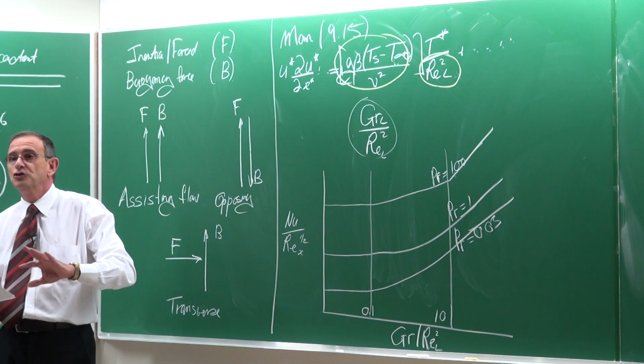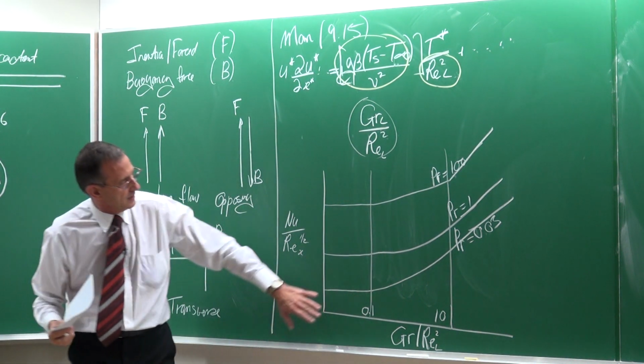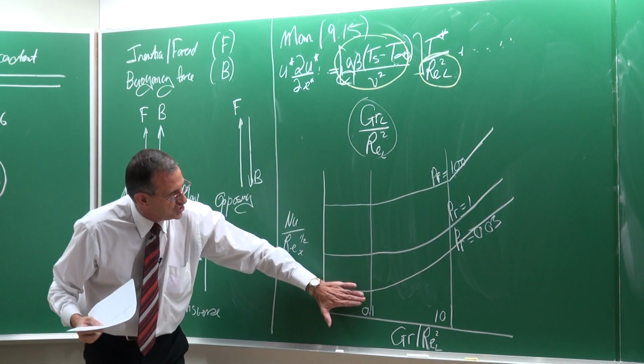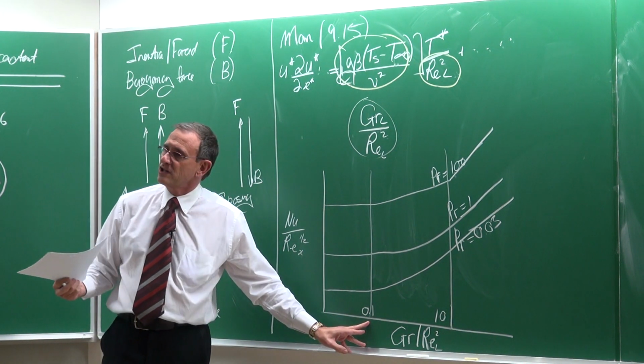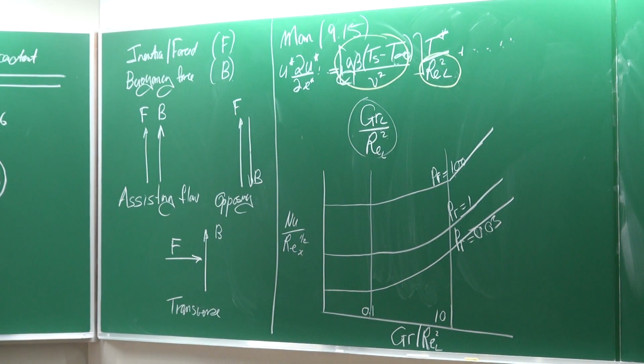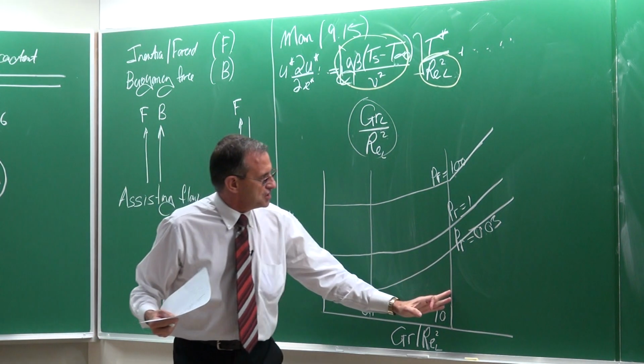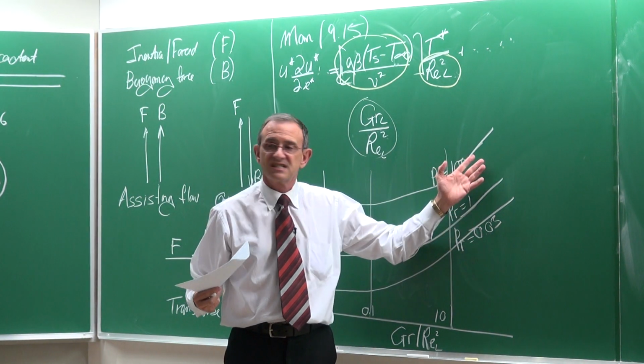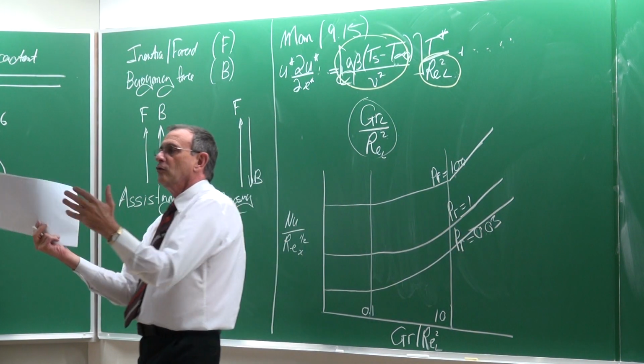And they've noticed two very important things. Firstly, in this first region, where this ratio is smaller than 0.1, all the results remain constant. And in this region, all the results were the same as for turbulent flow.